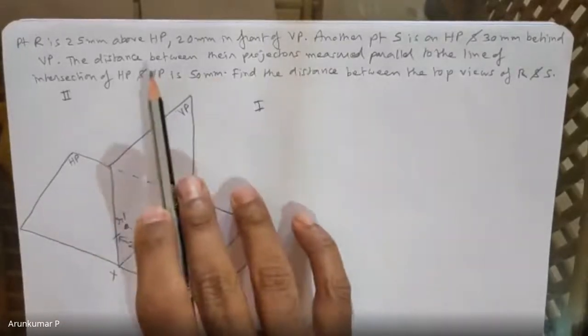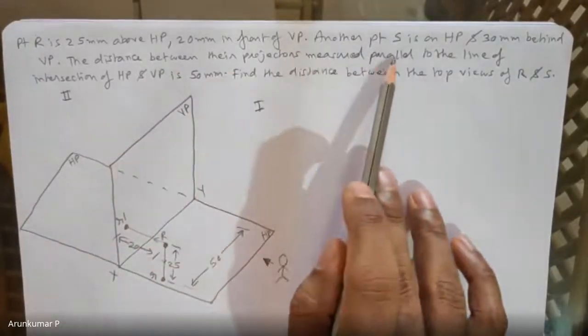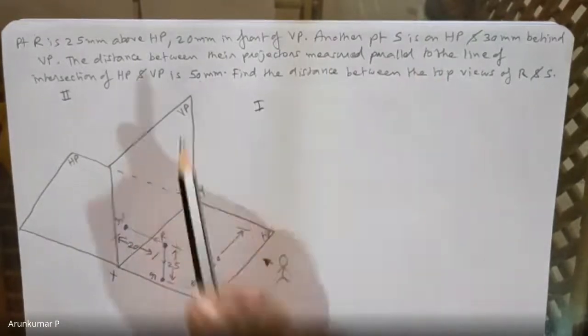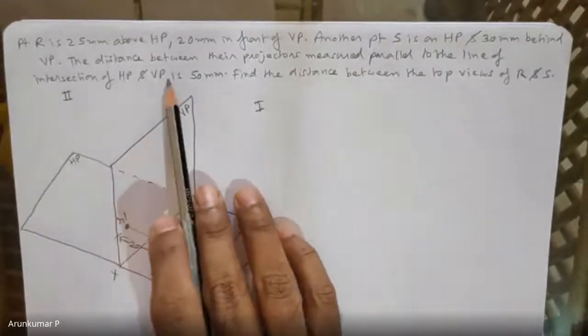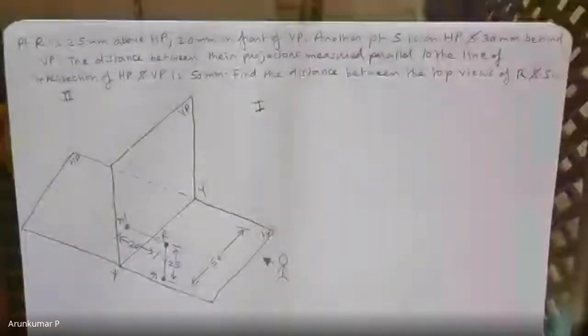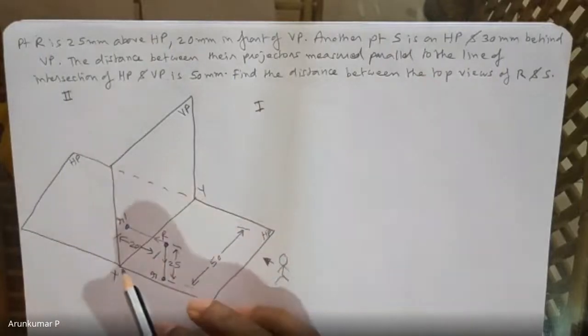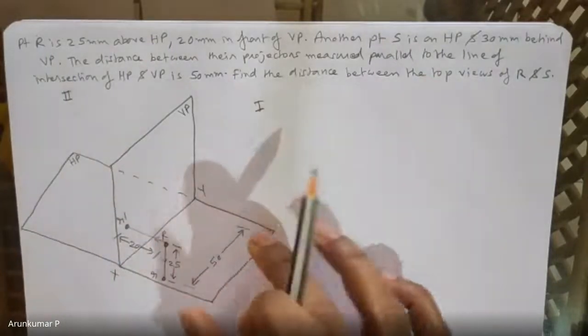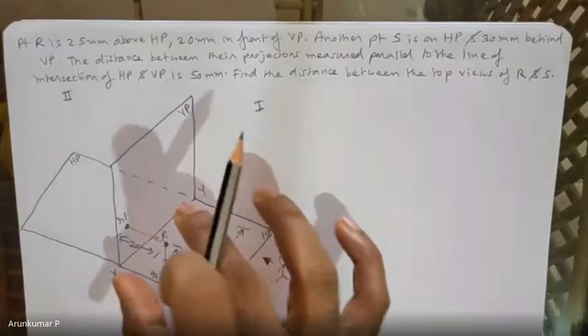See, the distance between the projectors measured parallel to the line of intersection. What is the line of intersection of HP and VP? What line do we call it as? XY line. So whatever this distance 50 is, it is parallel to XY line.